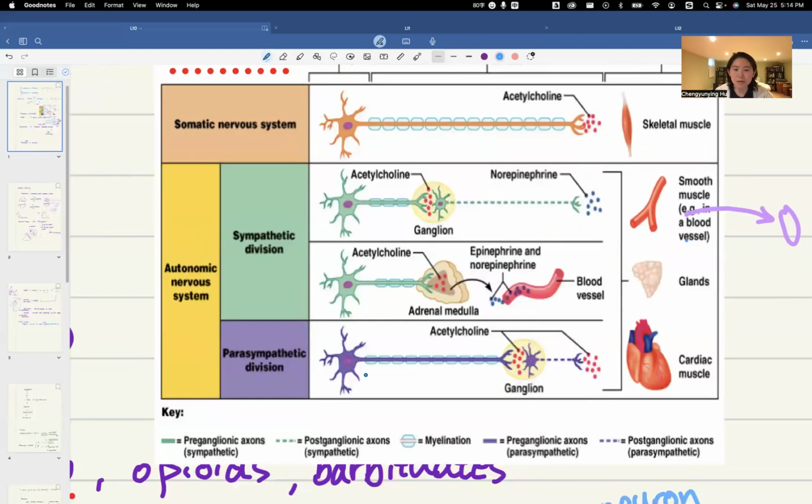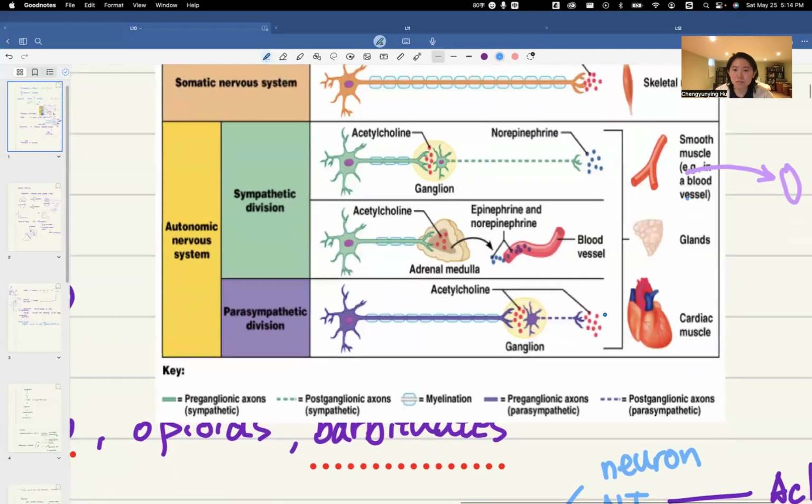On the parasympathetic, so for all the autonomic nervous system in adrenergic group, on the smooth muscle, gland, cardiac muscle, on these muscles, they all have both adrenergic and muscarinic receptor.